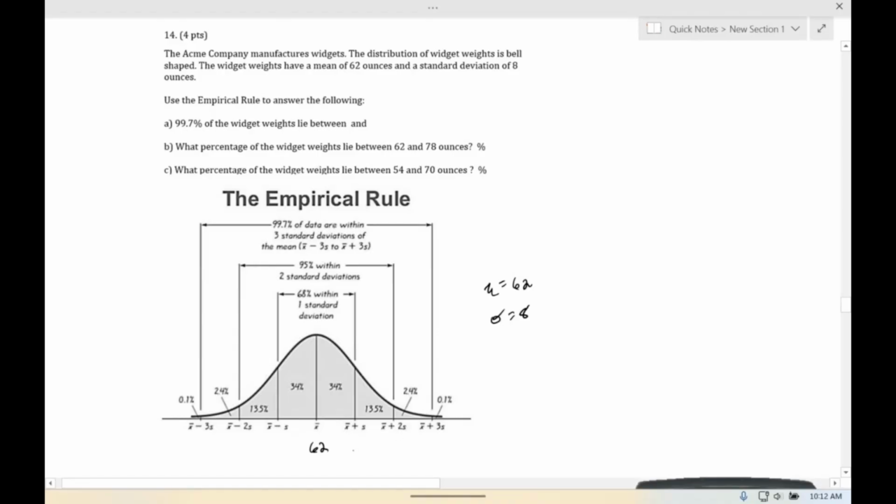One standard deviation above the mean is x bar plus the standard deviation, so I'm simply going to add 62 plus 8. That gives us 70. I'm going to add 8 more. That gives us 78. I'm going to add 8 more, and that gives us 86.